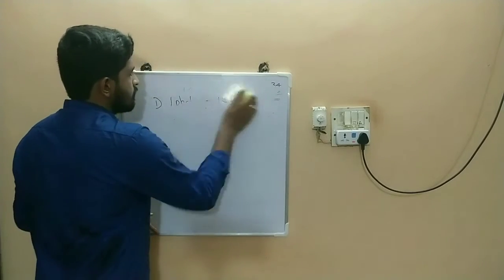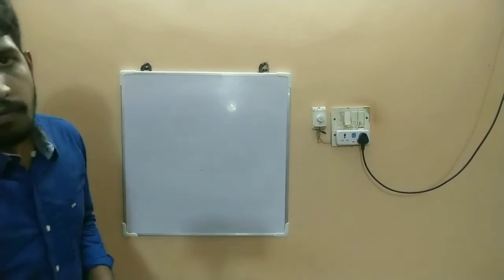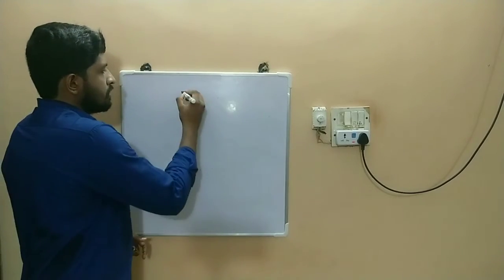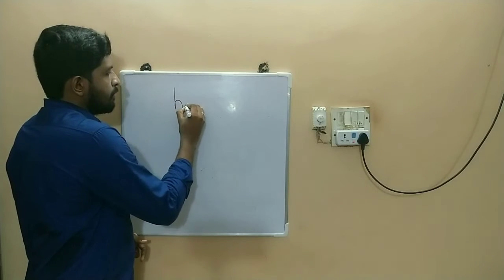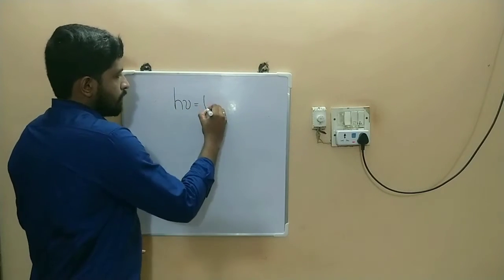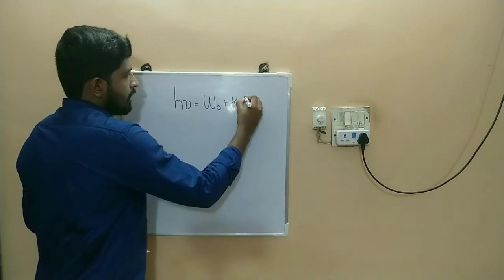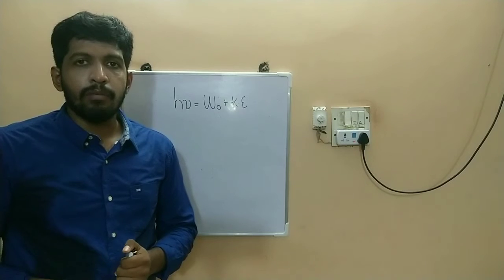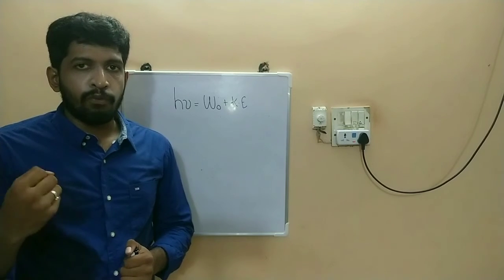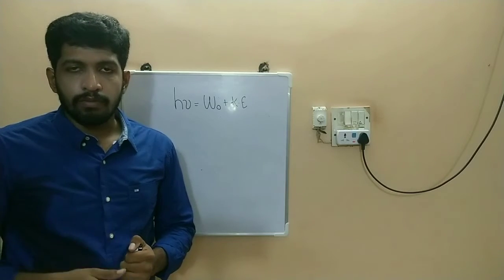When we write this in terms of an equation, we can write the energy of the incoming photon, h nu, is equal to the work function plus the kinetic energy. The threshold frequency is the minimum frequency that a photon should possess to eject electrons from the metal surface.